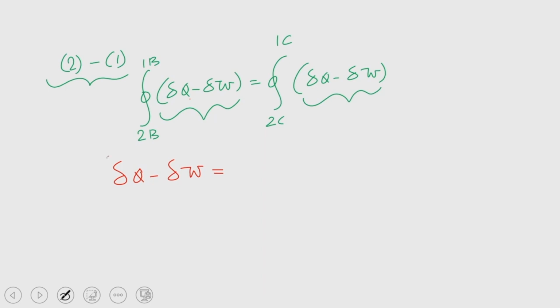Though delta Q and delta W are path functions individually, the difference is not a path function, which we can see from this expression.